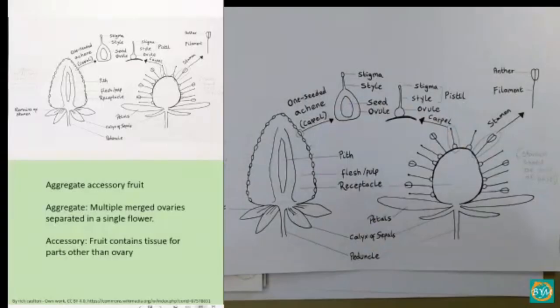Accessory means that the fruit contains tissue from parts other than the ovary. And aggregate again means that it is multiple merged ovaries that have been separated in a single flower.